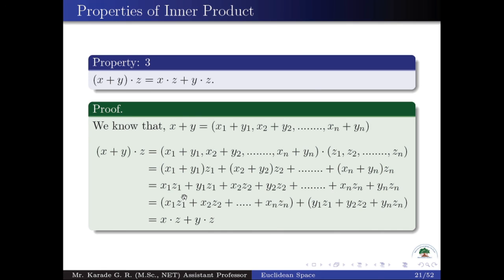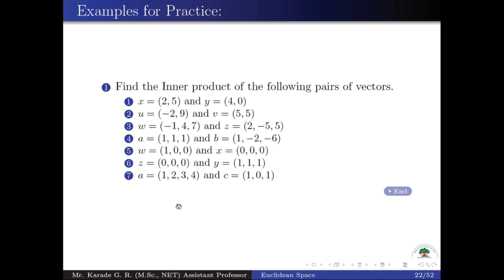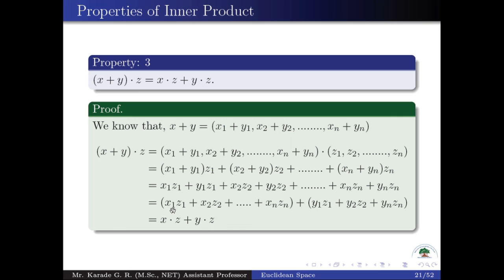Now in the next step we collect the terms containing xi's together. So we take x1 z1, then x2 z2, plus dot dot dot plus xn zn, all these terms together.